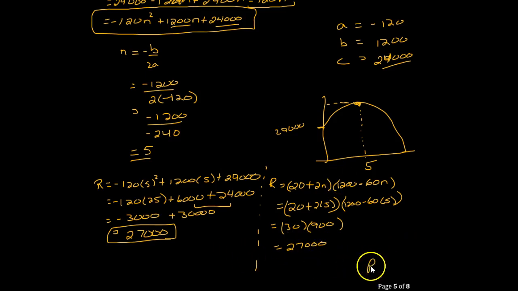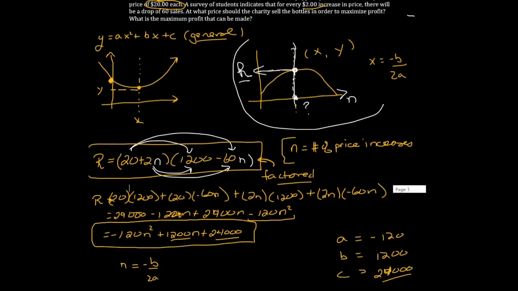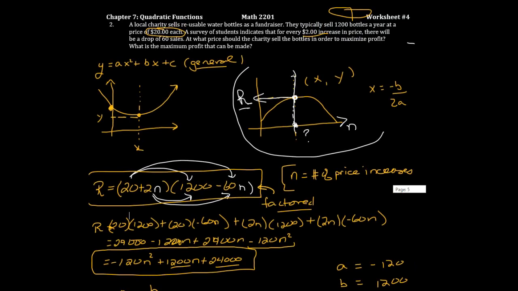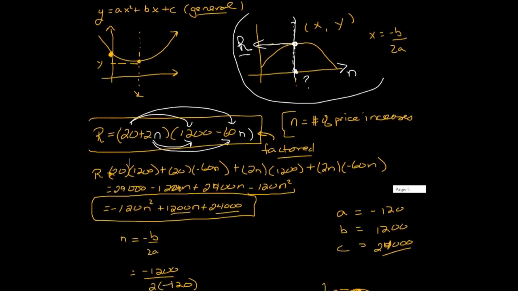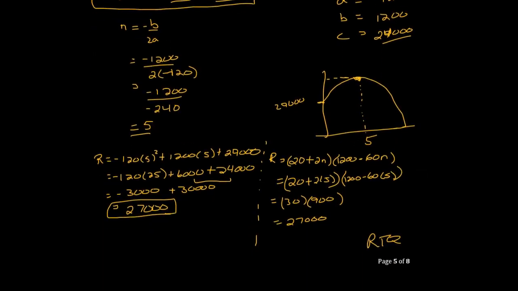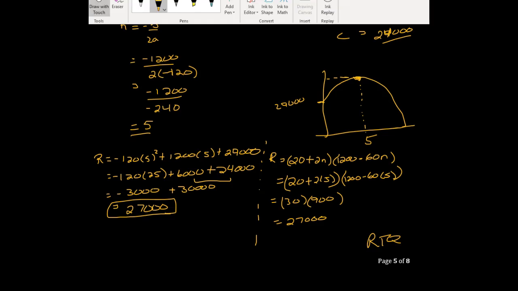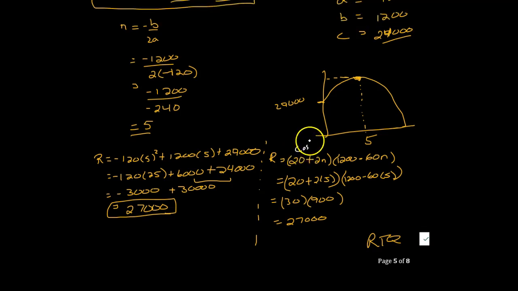Now remember to read the question again, RTQ, and make sure we answered what we were asked. At what price should charities sell the bottles in order to maximize profit, and what maximum profit can be made? Well, there's a little advantage in doing the factored form here. If you remember that this is the cost of the bottle that you're selling it at and number sold.